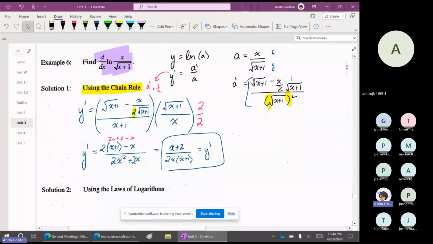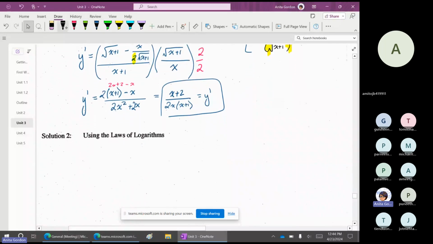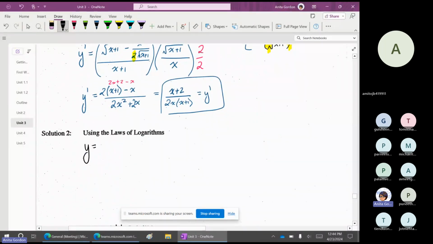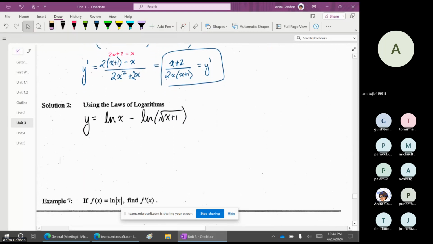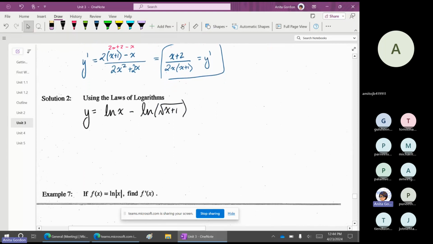No, he's right. Keep going. Yeah, I could write this as ln x minus ln root x plus 1. And then I can use the difference rule, right? If I have multiple pieces that are plus and minusing, I can just do the little pieces on their own and then stick them together, right?